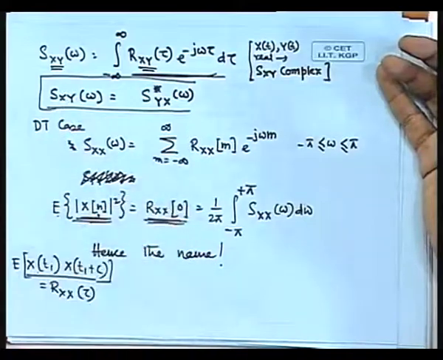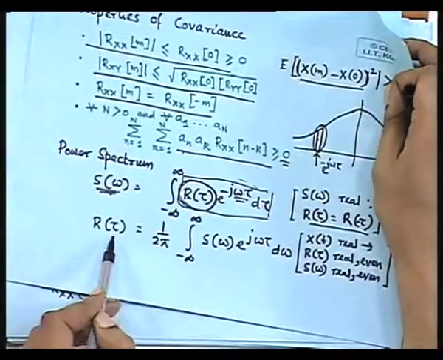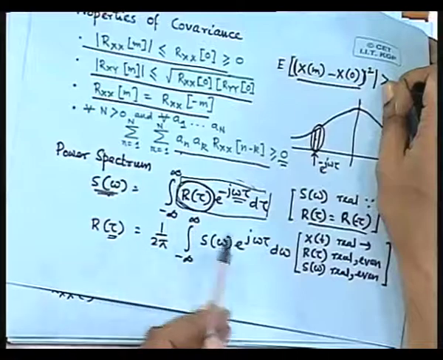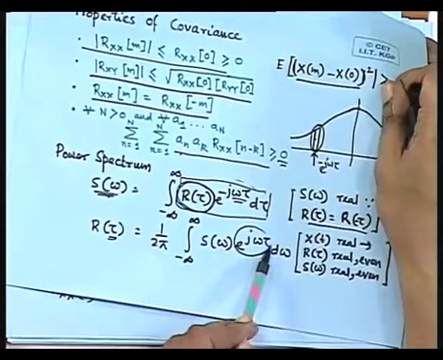Now you put Rxx(0) in this, that is, here you put tau equal to 0. So rather in the inverse one. So here you put tau equal to 0. So if you put tau equal to 0, this will become 1.